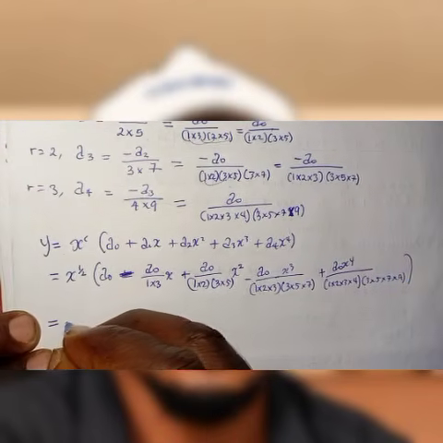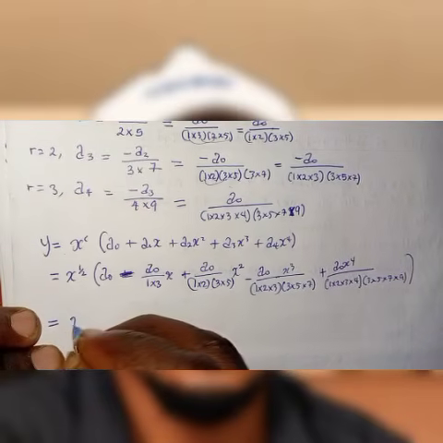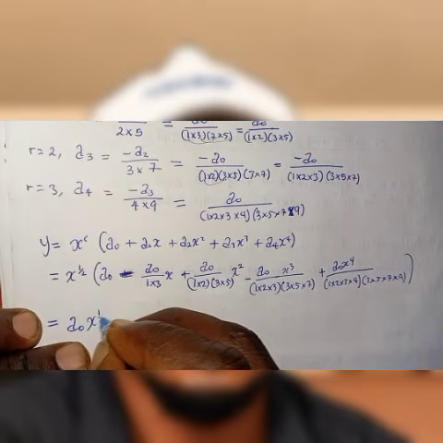Now a naught is common. Let's factorize a naught x to the power 1 over 2.